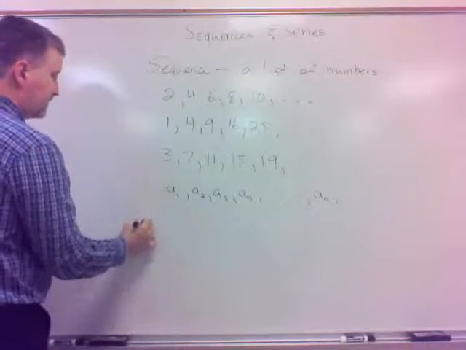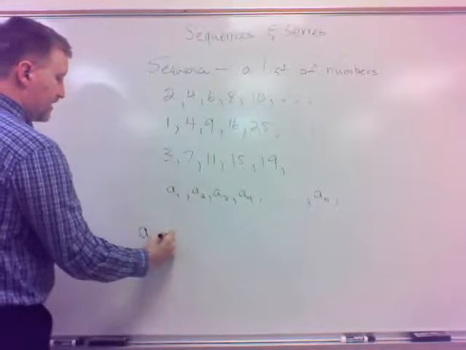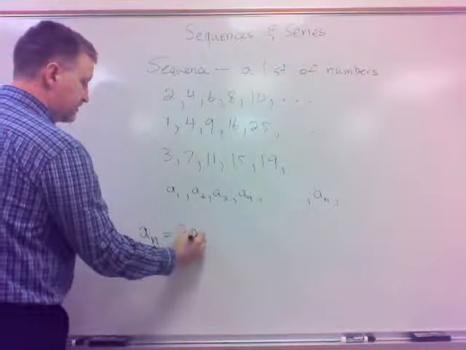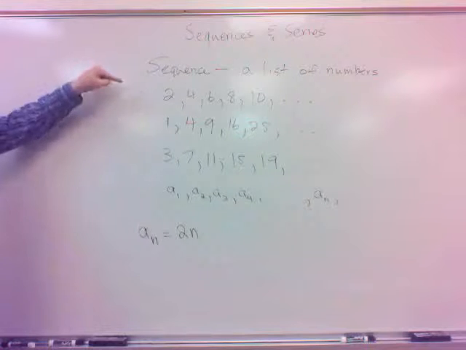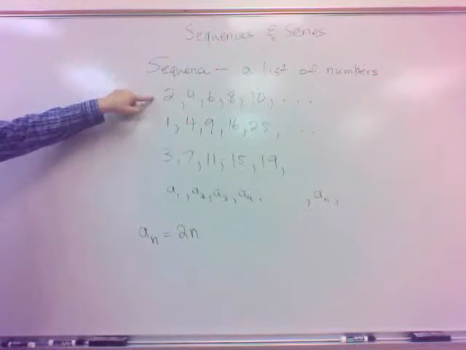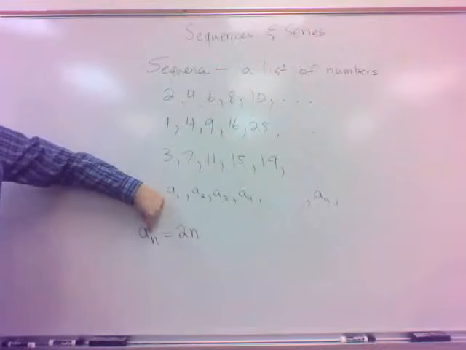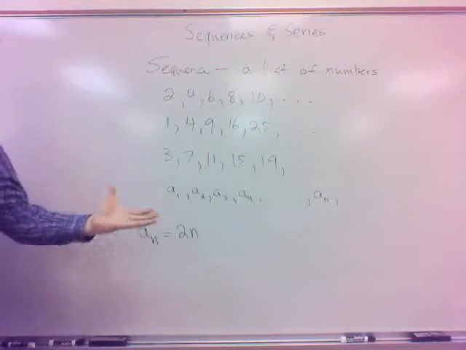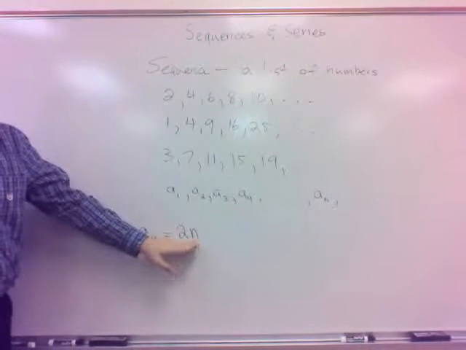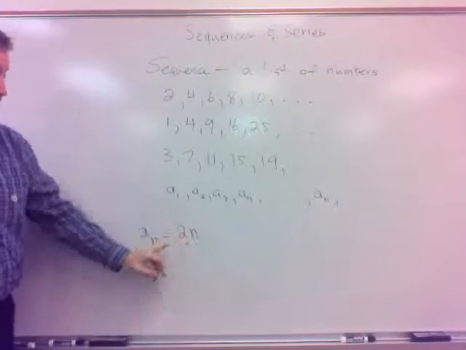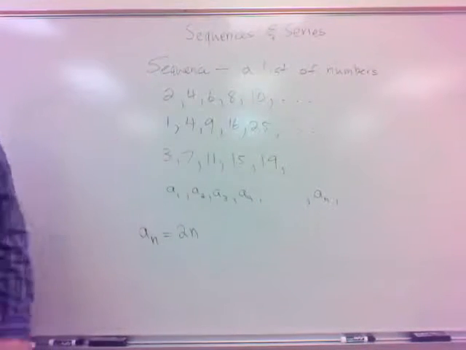Now we can also use a sequence generator, you might call it. For example, the first sequence I have up there, we could call that a sub n equals 2n. Wouldn't that generate the first sequence? What I mean by that: a sub n equals 2n, so the nth term is whatever term it is times 2. So the first term is 2 times 1, right? The second term would be 2 times 2, and the third term would be 2 times 3. You with me there? So that generates the first sequence.